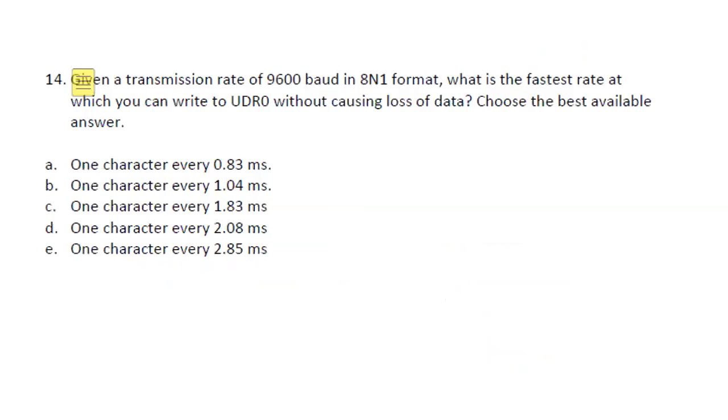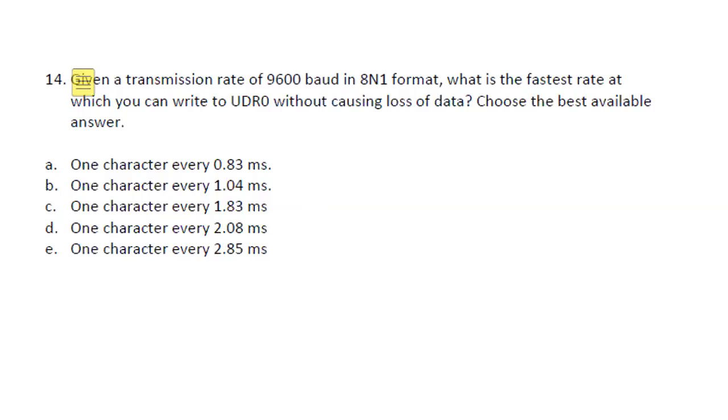For question 14, given a transmission rate of 9600 baud in 8N1 format, what is the fastest rate at which you can write to UDR0 without causing any loss of data? 8N1 means you have 8 bits of data followed by one stop bit. You also have to remember that you always have a start bit as well.